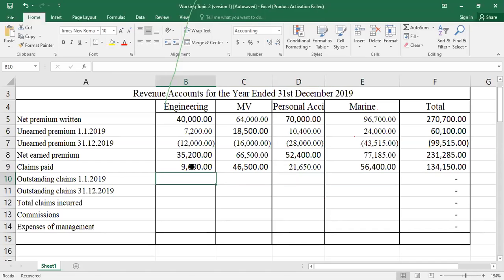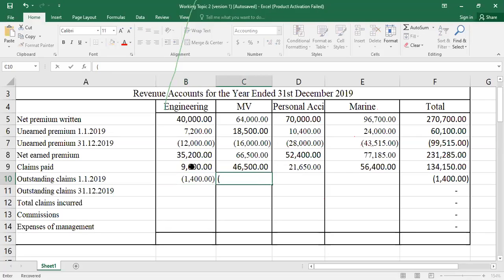Are we going to deduct or add the outstanding claims? Have they been paid? They haven't been paid, so we are going to deduct, right? So we are deducting 1,400.